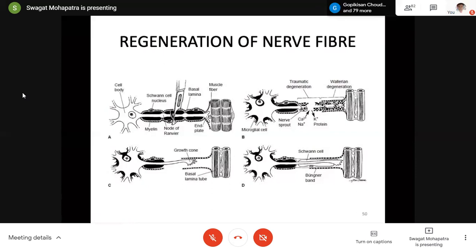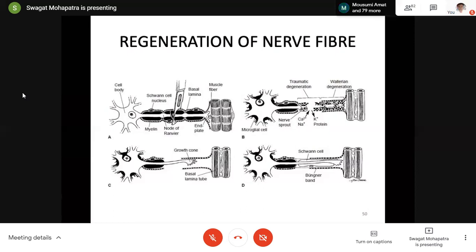But if your cell body is destroyed, then there is no chance a neuron can be regenerated, because you know that neurons stop dividing, but the glial cells can divide. So even if you are cutting an axon, there is a chance of regeneration.